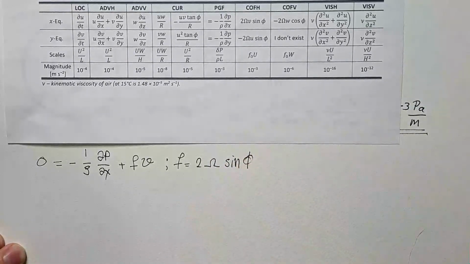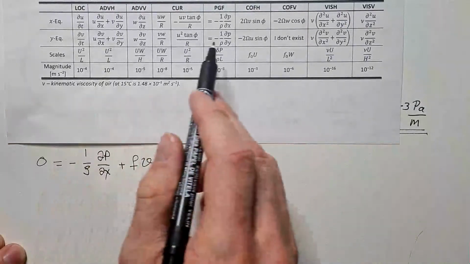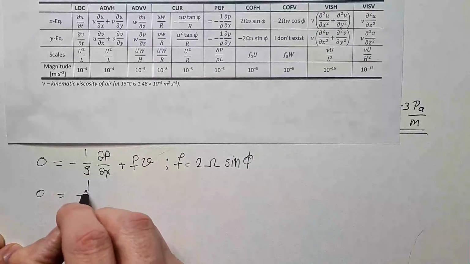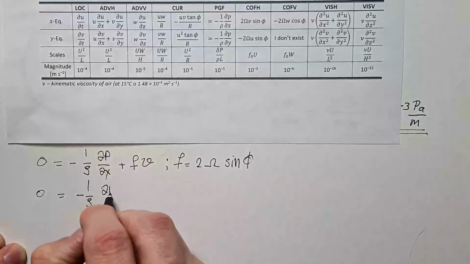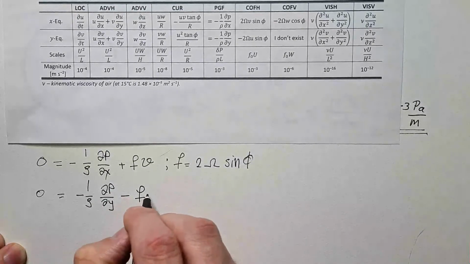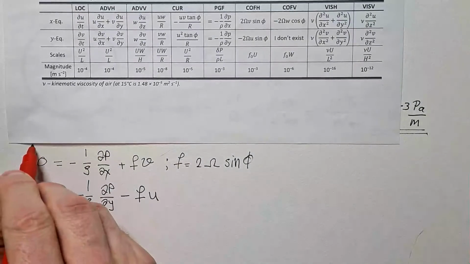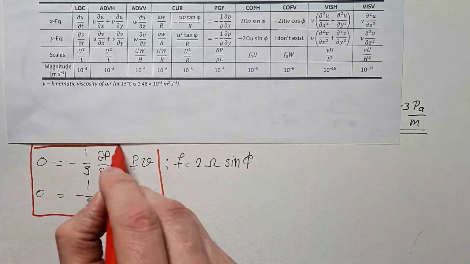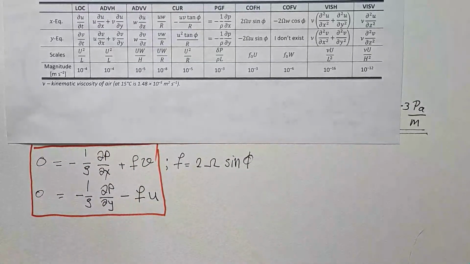Phi is latitude. In the y direction, there is nothing on the left-hand side, and we have minus 1 over rho ∂p/∂y minus f times u. And this, ladies and gentlemen, boys and girls, is the geostrophic balance.